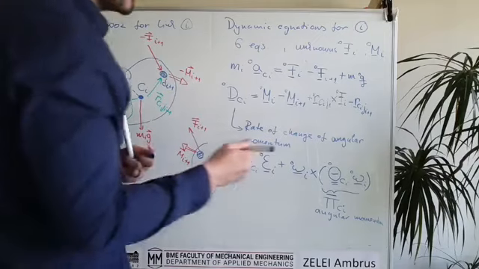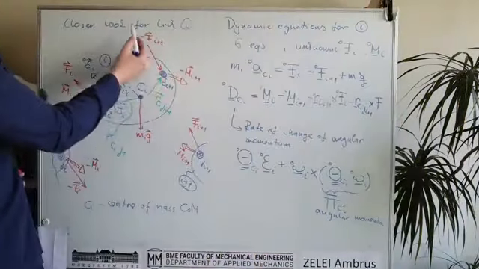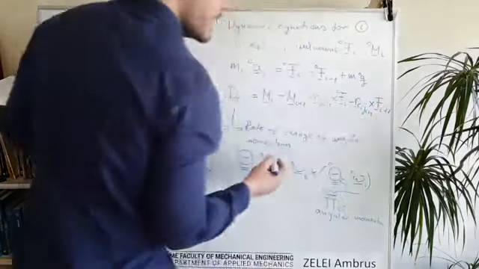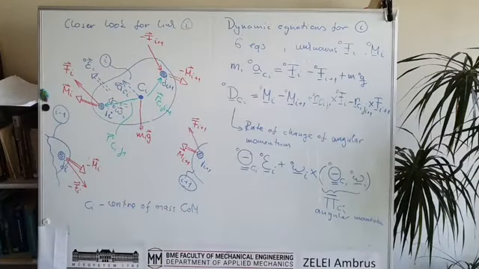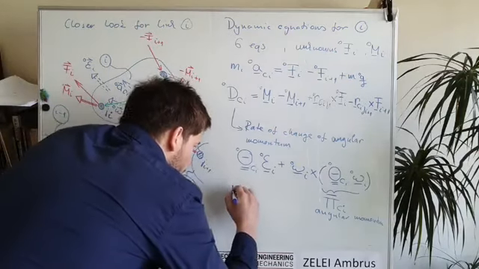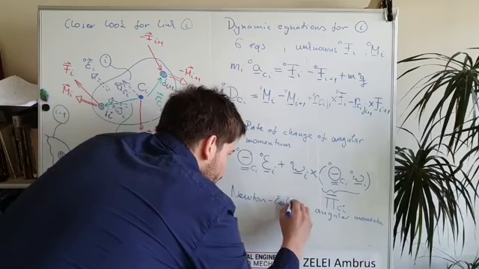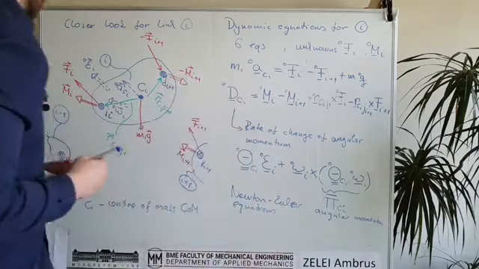So we have to take the cross product with the force acting here, F i plus 1, and there's a minus sign here, which is important because this is minus. Okay, so these are the Newton-Euler equations, and they can always be calculated.